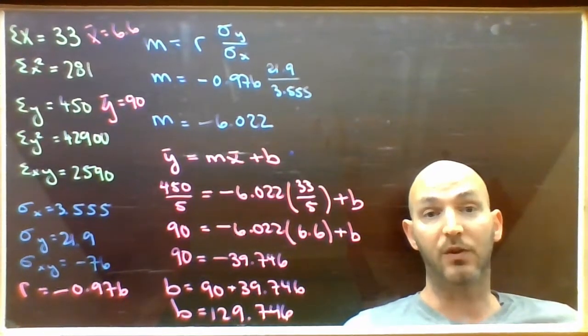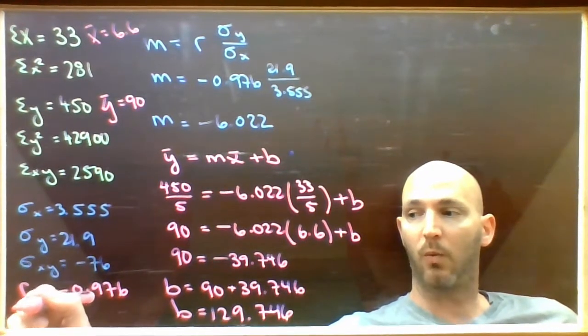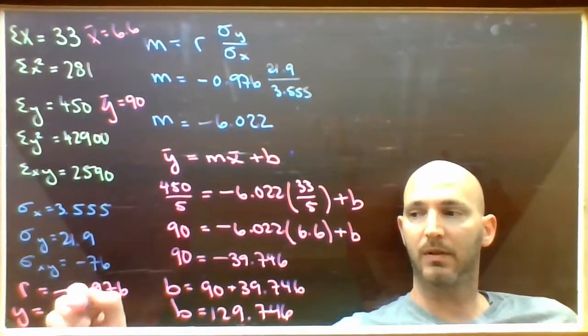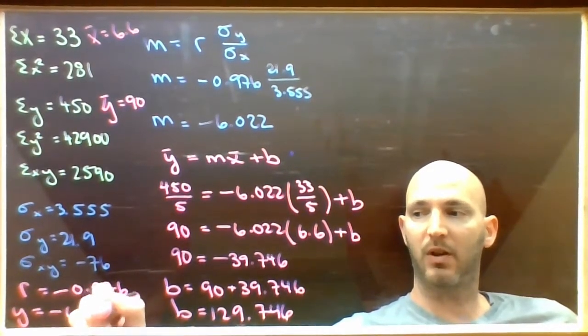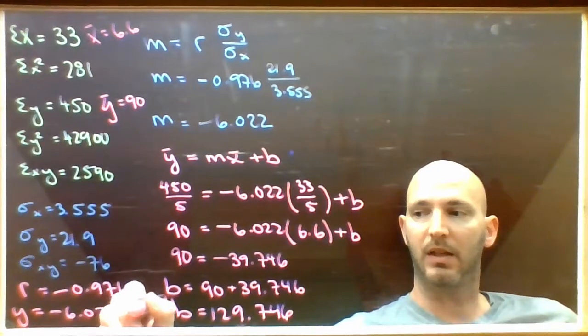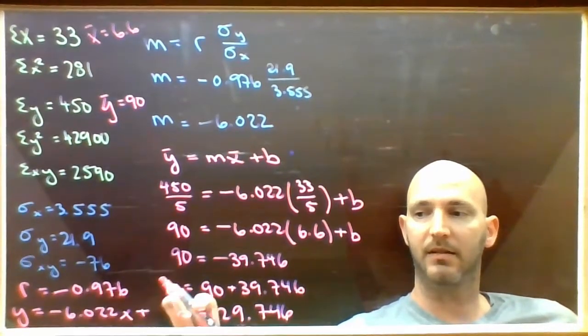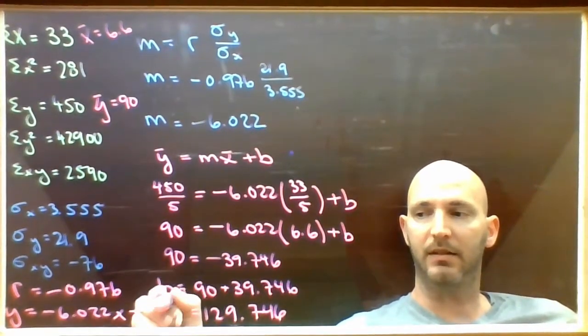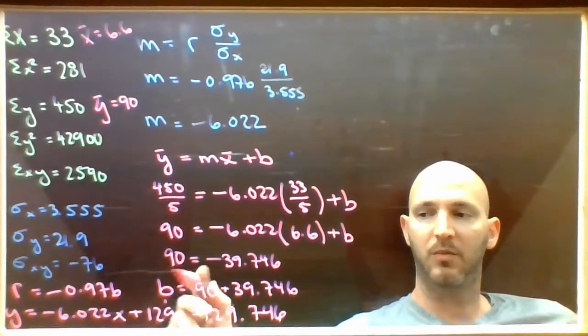So we have an equation for this line of best fit. Y equals negative 6.022x plus 129.746.